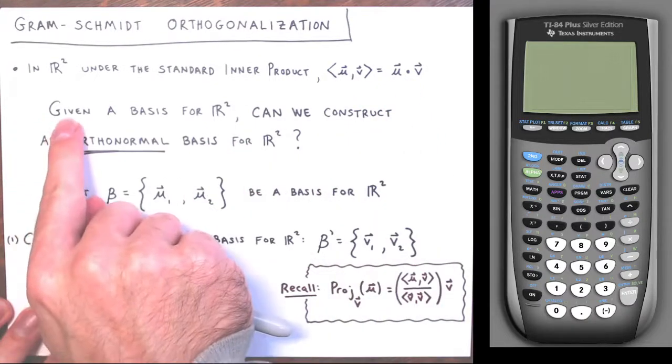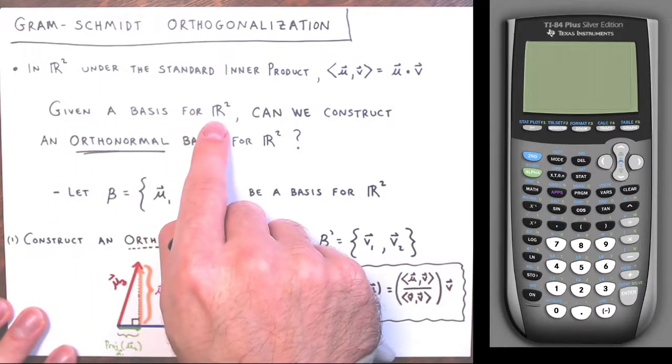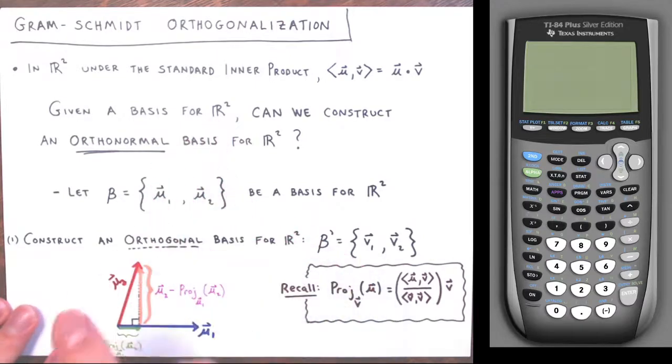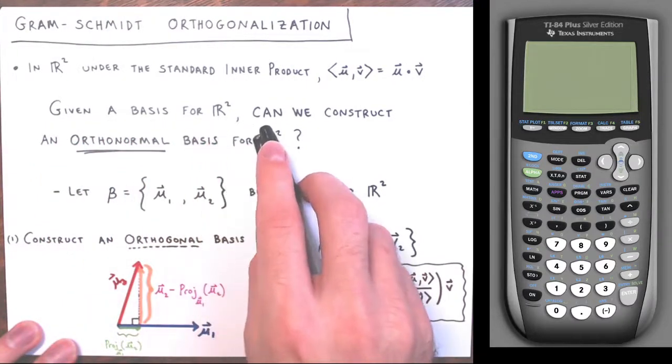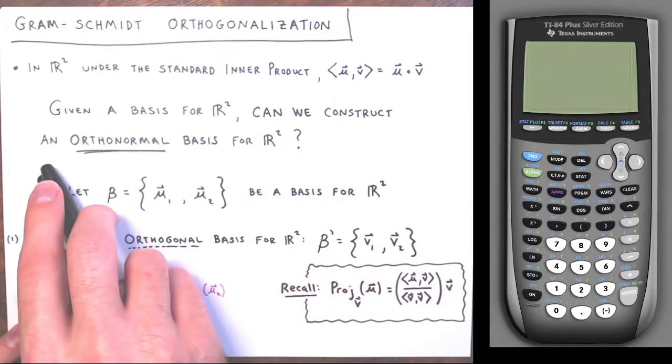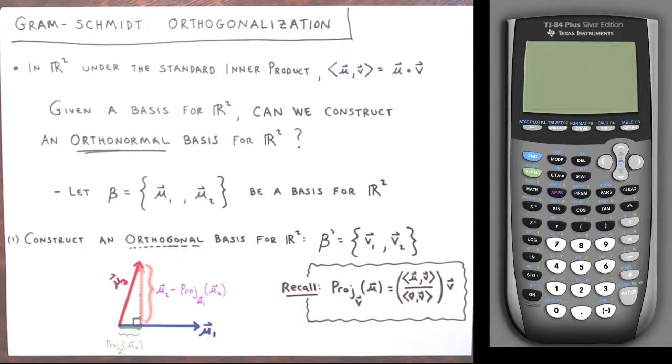So suppose we're given a basis for R2 that's not orthogonal or orthonormal, because if it was an orthonormal basis already, then I wouldn't have to go through this process. So given a basis for R2, can we construct an orthonormal basis for R2 from that original basis?